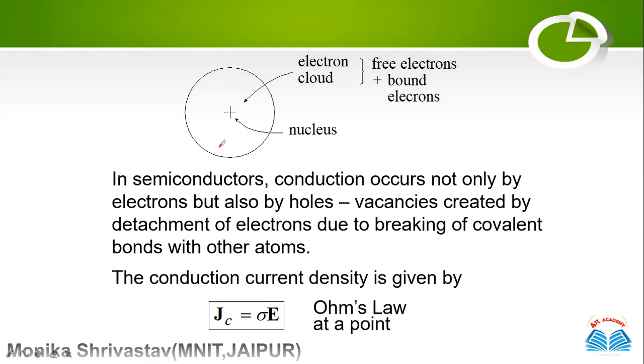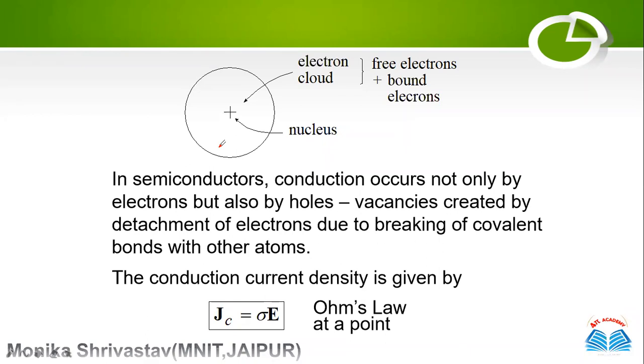So in semiconductors, conduction occurs not only by electrons but also by holes. You know these things. What are holes? Holes are the vacancies created by the detachment of electrons. If we want to detach an electron from an electron cloud, we have to put in some external effort, and after the detachment of the electron a vacancy is created, and that vacancy is a hole.